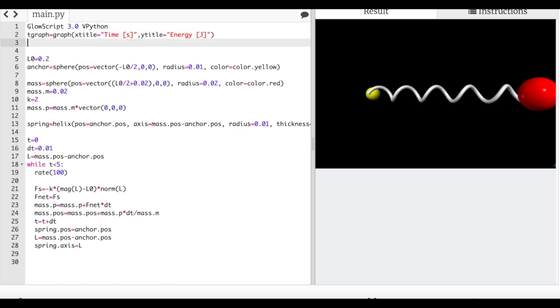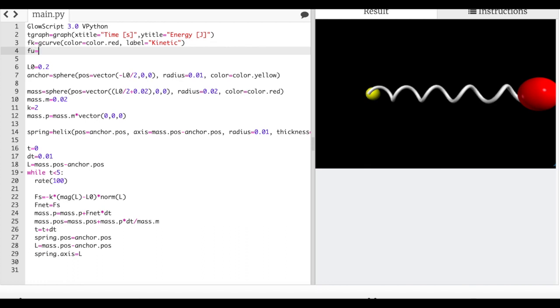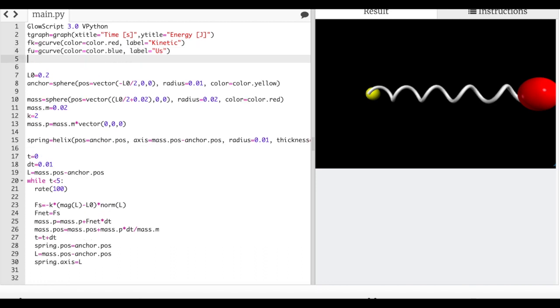I need three curves. fK is going to be gcurve, color equals color.red, label equals kinetic. fU is going to be gcurve, color equals color.blue, label equals spring potential, Us. And then fE, the total, is gcurve, color equals color.green, label equals total, E total.